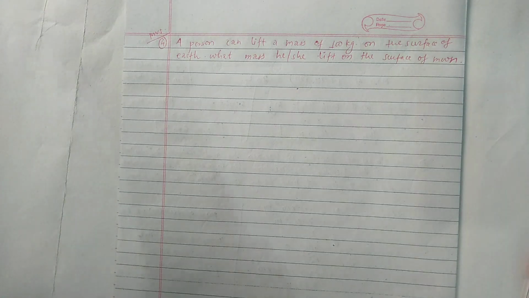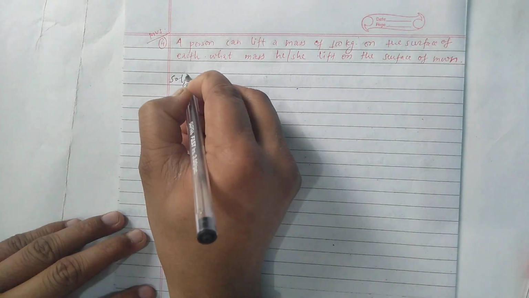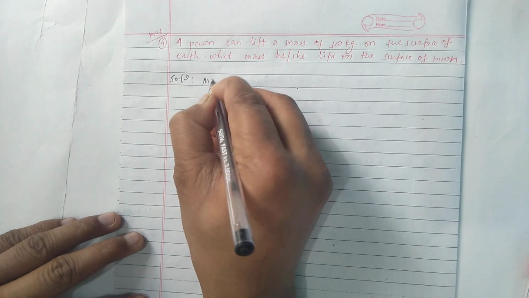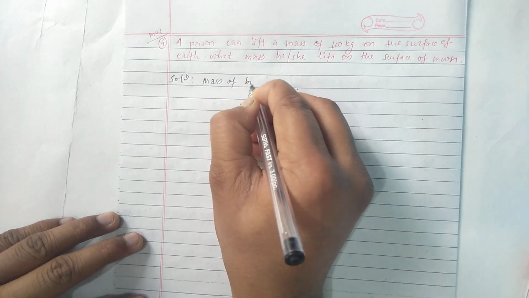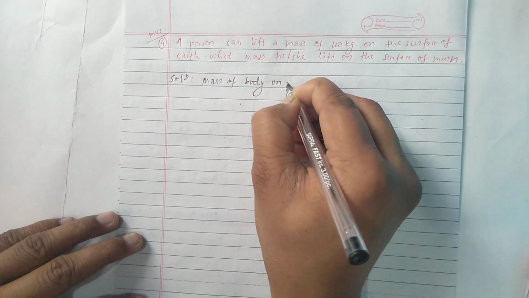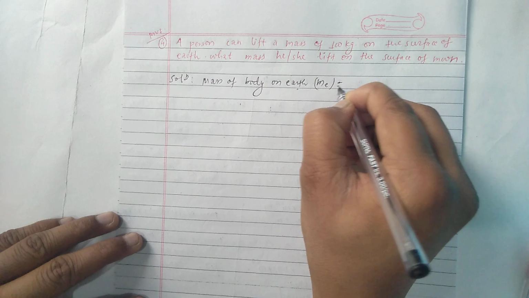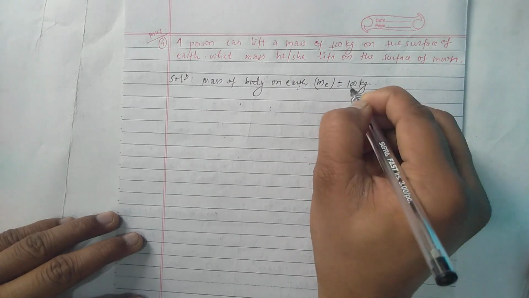So let's write the solution over here. Mass of a body given, mass of body on earth is given 100 kg.